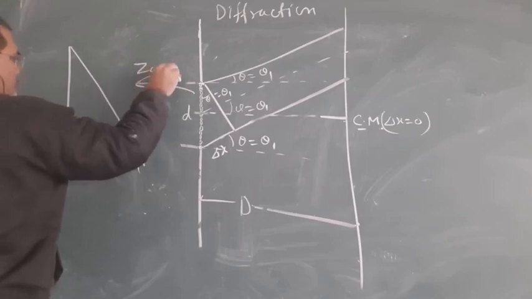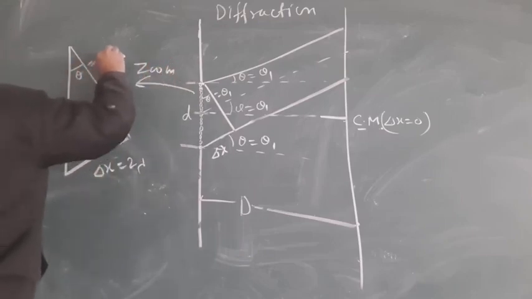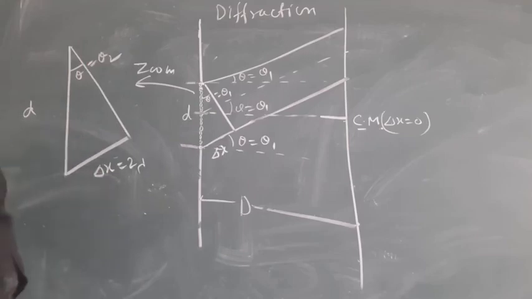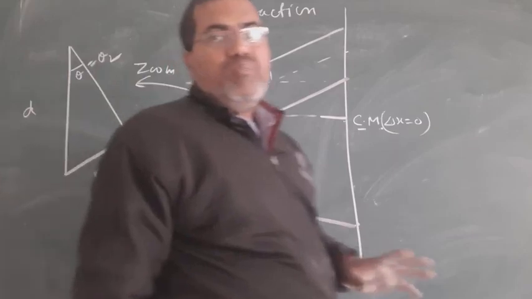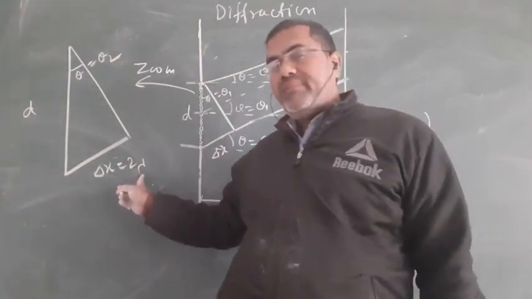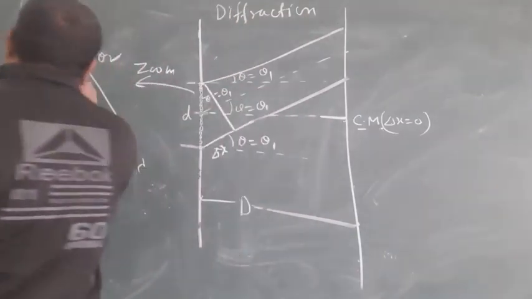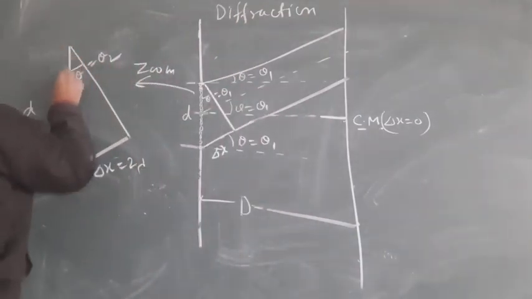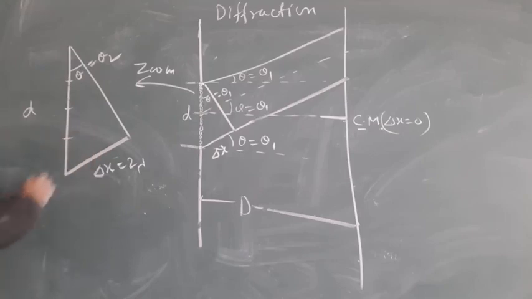Assume this is the corresponding angle, that is theta 2 for the second minima. So the slit can be divided into 4 equal parts of lambda by 2. 2 lambda by 4 is lambda by 2. So you can divide here: first, second, third and fourth.